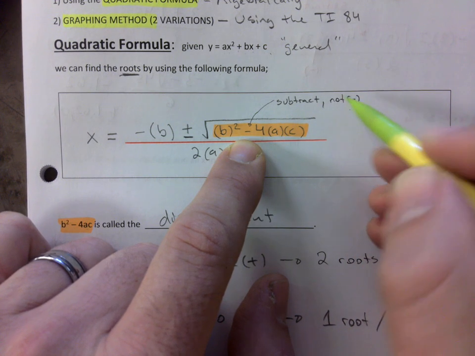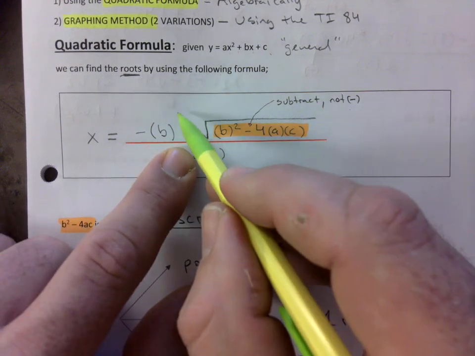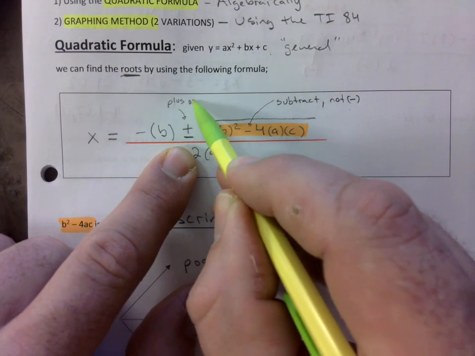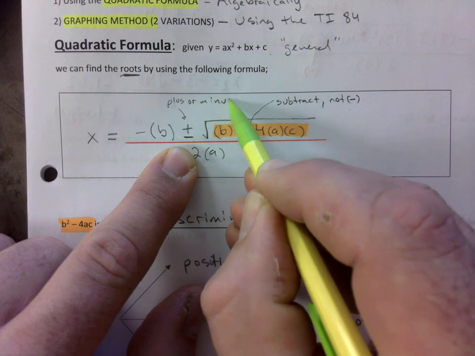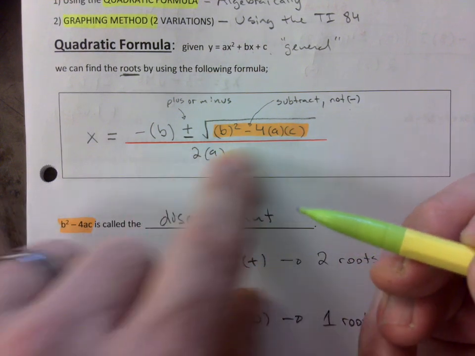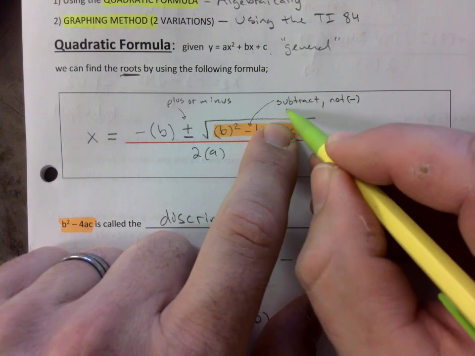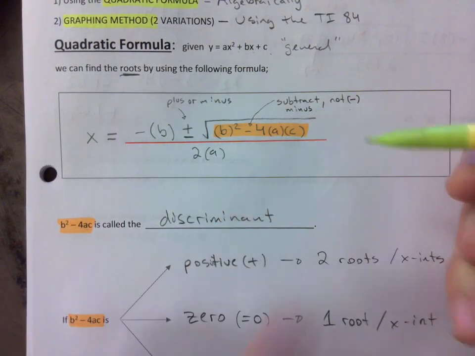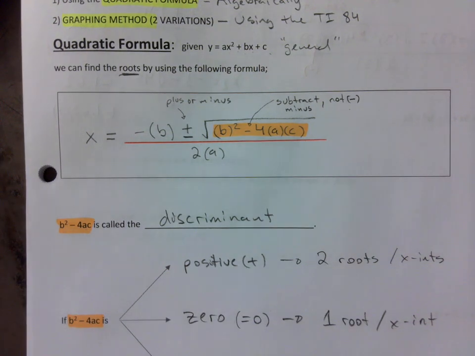It's a minus, it's a subtract. Here, same thing, plus or minus. Under subtract, maybe you can go minus. It's the same thing. Okay? Because if you don't, then the whole thing is going to be wrong. You're going to be very frustrated if you get that wrong.